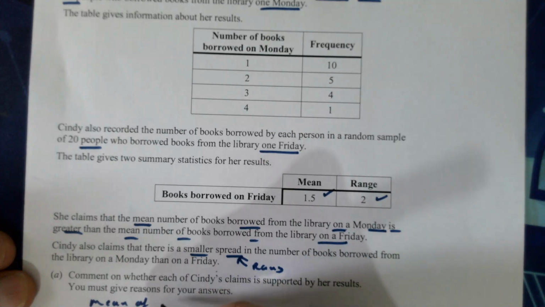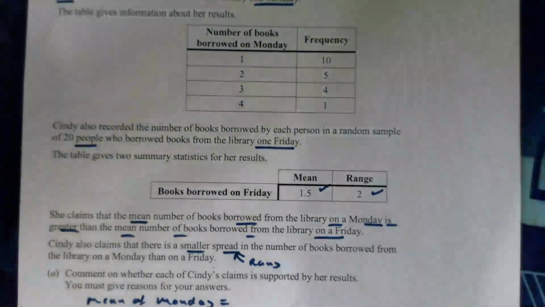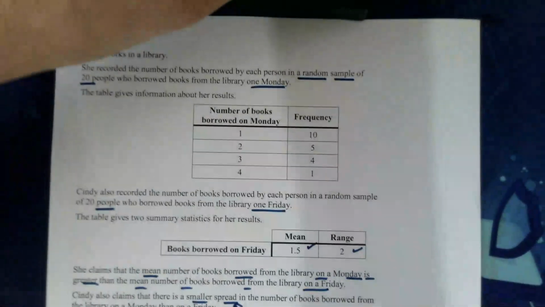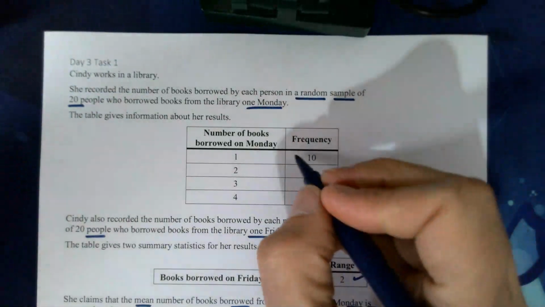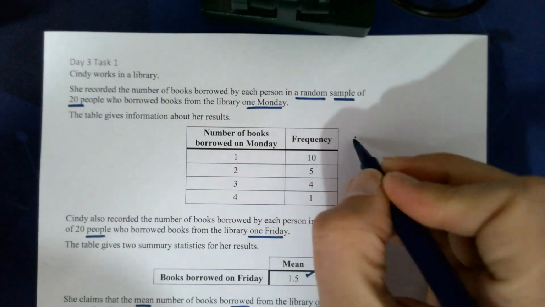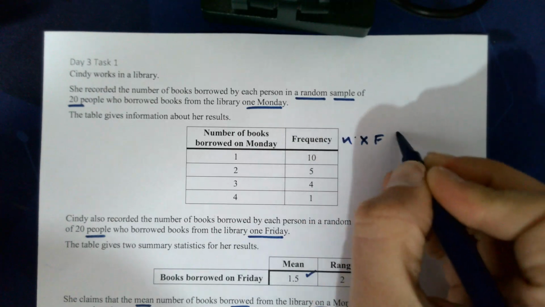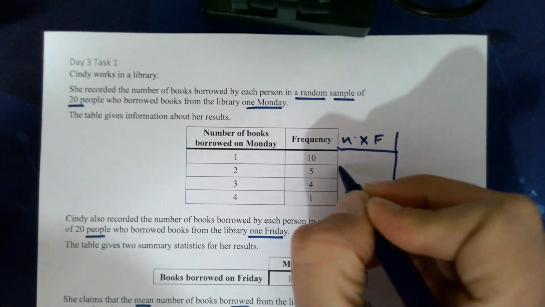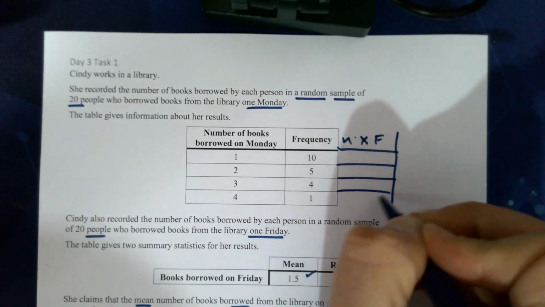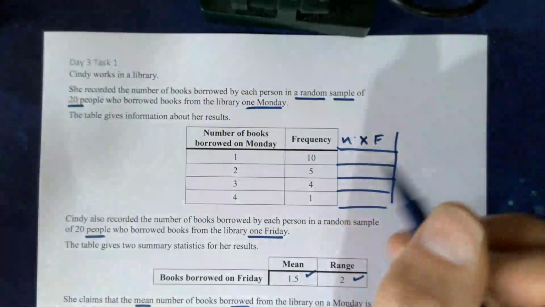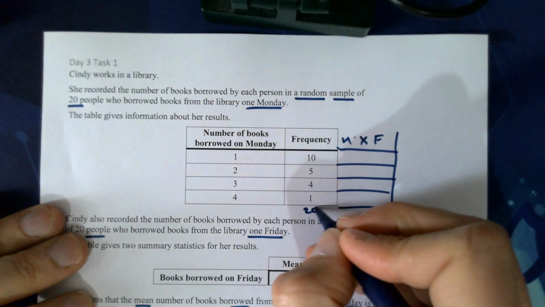The mean of Monday equals, right, I'll work this out. To work out the mean, I need to work out the total. So I'm going to multiply: number times frequency. I know I'm going to need a calculator, and I know from the question that it adds up to the total.